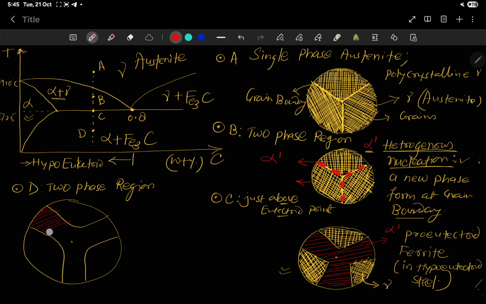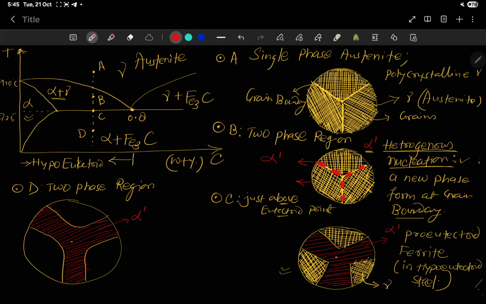Okay, these regions will be alpha dash. Now what is happening here is that nucleation has started at point B. Now it will grow slowly as we come to point D. This is called alpha dash.